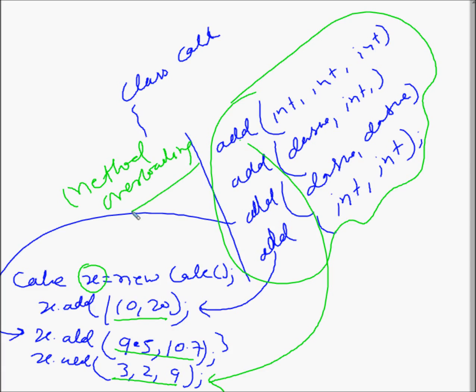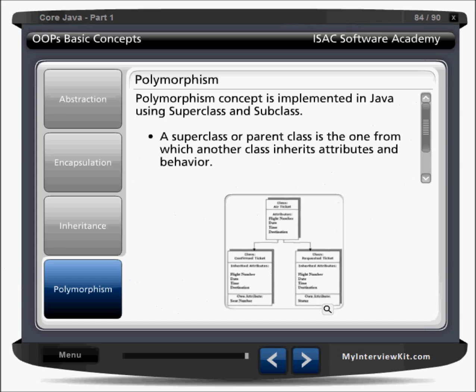Okay. So I hope you understood polymorphism. There is not only one way to implement polymorphism, not only method overloading. There is one concept of method overriding also. I'll explain that.